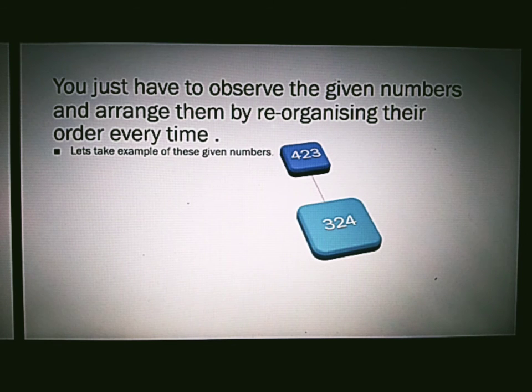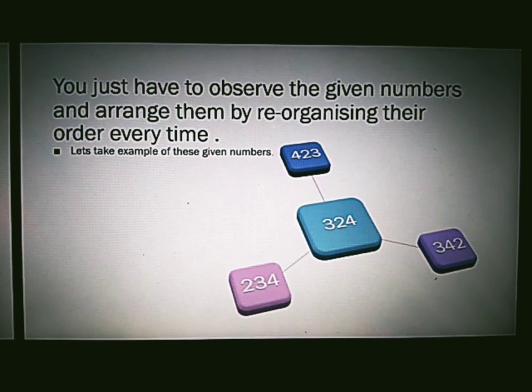Like I have changed the order of numbers and created 423. One more example of reorganizing these numbers in different order is 342. 234 is one more example. So out of 3, 2 and 4 we can create many numbers like this.